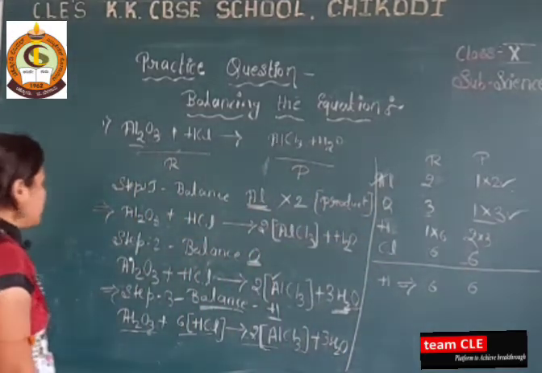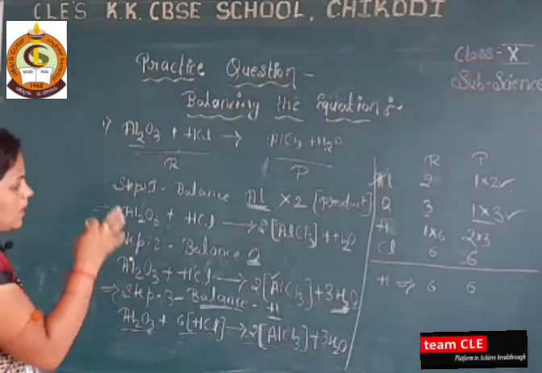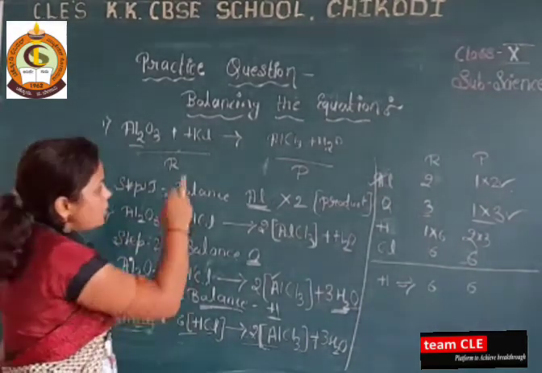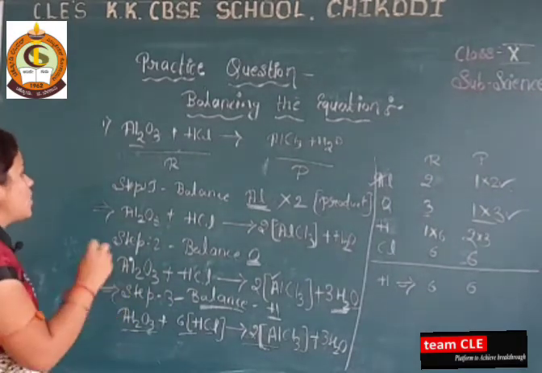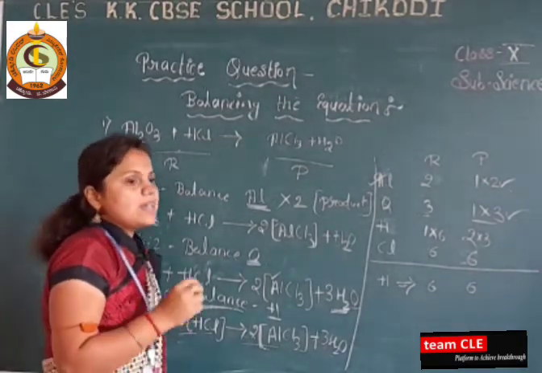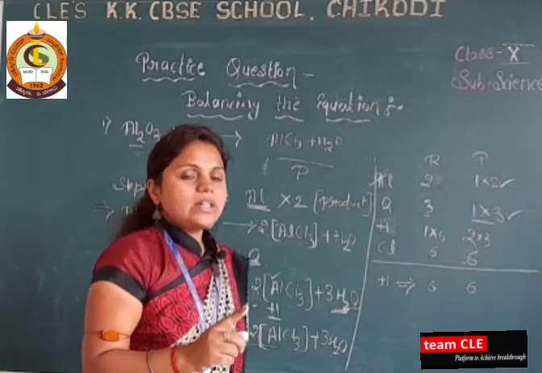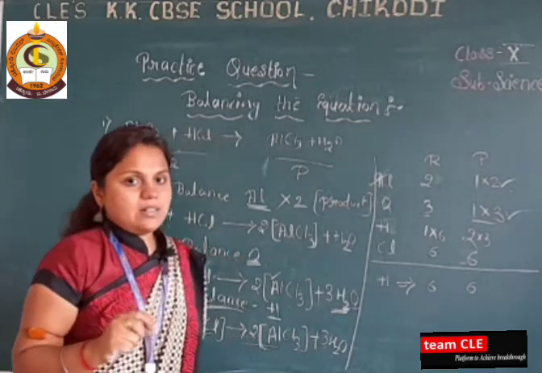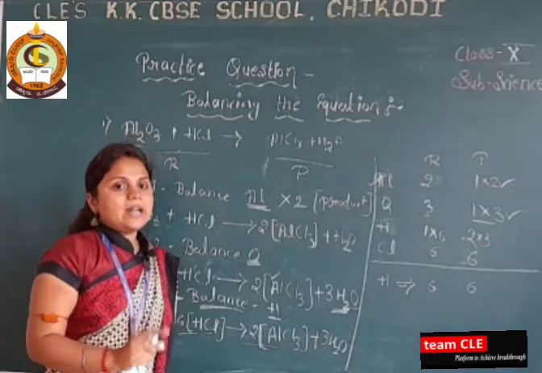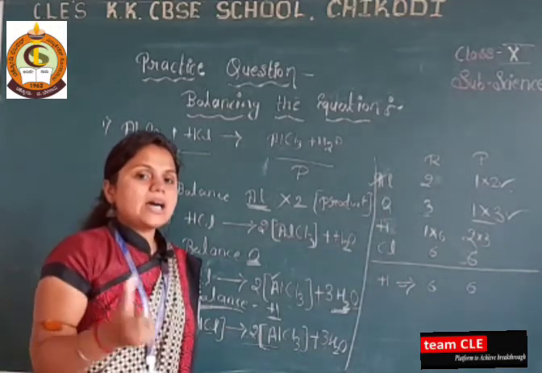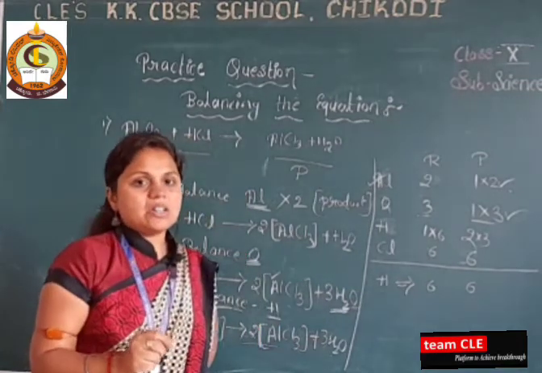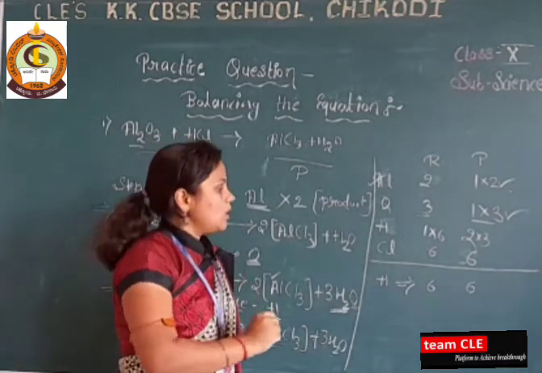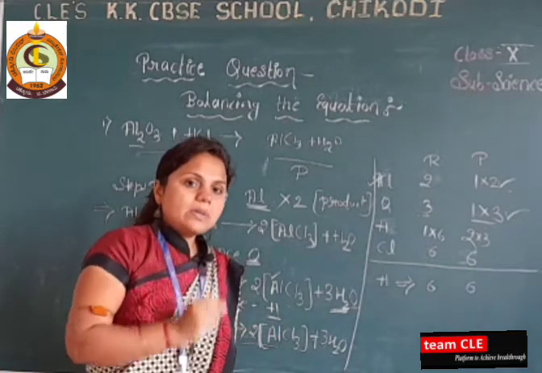Okay, so totally 3 steps we have taken for balancing the chemical equation. This is one of the beautiful examples of balancing the equation. So dear students, it is not a big task. Just keep in mind whether our number of elements are balanced or not, and just go for simple multiplication. Today we are going to follow the normal method.